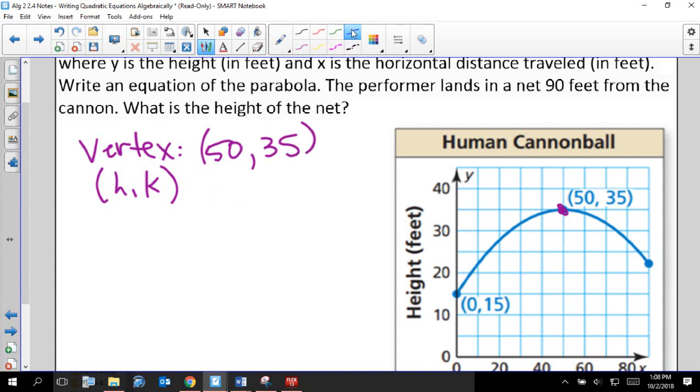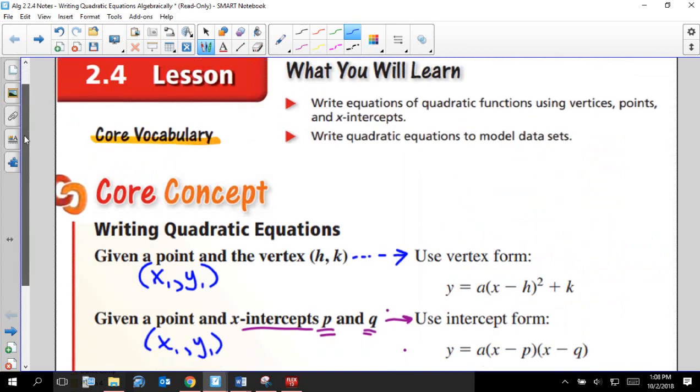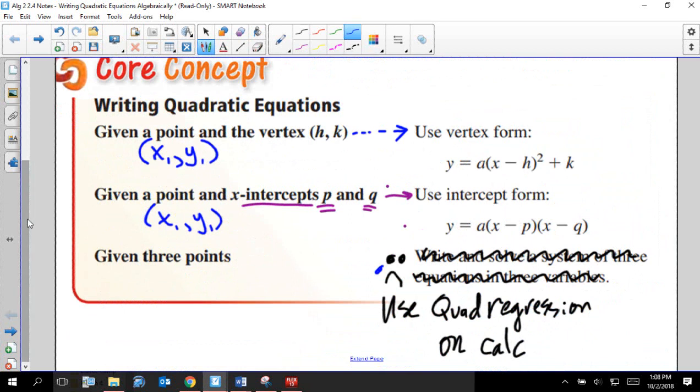And then I am given another point. Does anybody know what point that is? It is the y-intercept. But if you look at all of what we're given and what form we use, none of it says y-intercept. So it doesn't matter that it's the y-intercept.